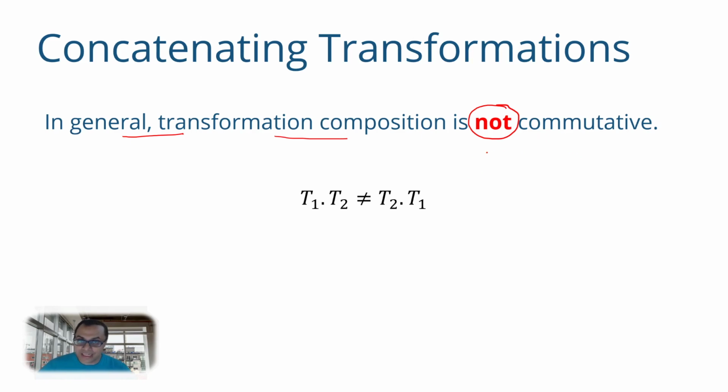However, when you are mixing transformations and you are multiplying, say, a translation with a rotation, then the order starts to matter. Because in general, for matrix products, T1 times T2 is not equal to T2 times T1. So you must absolutely remember this.